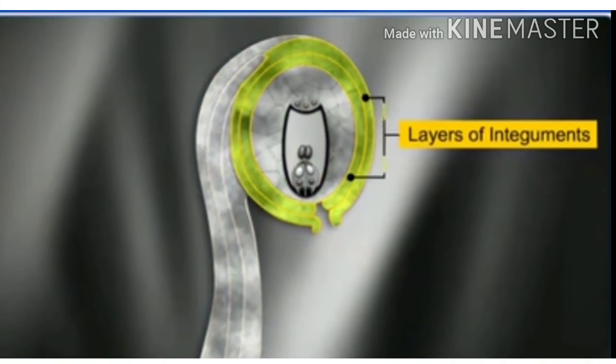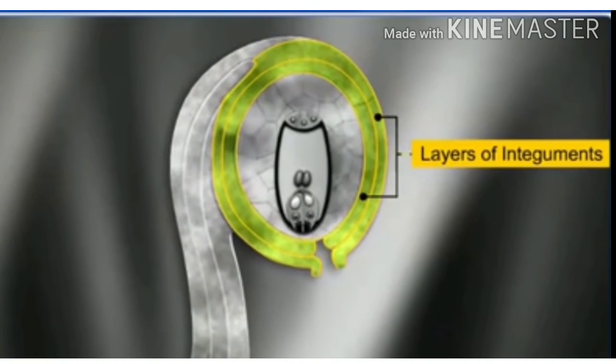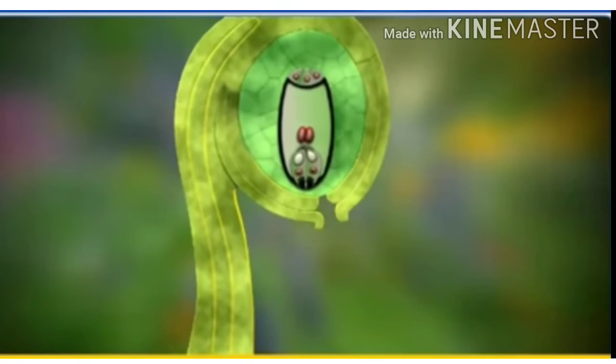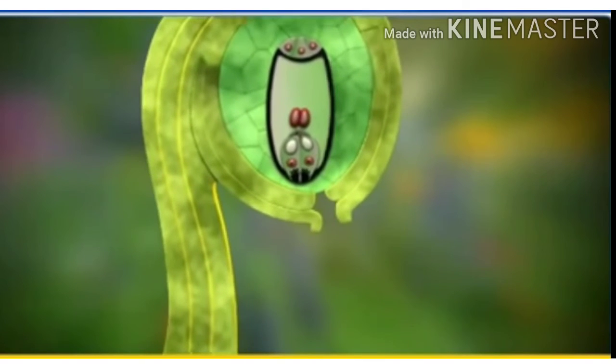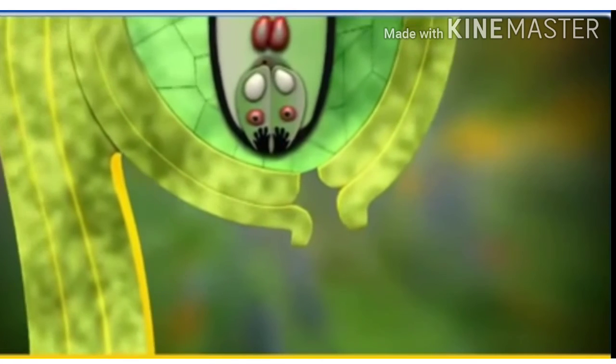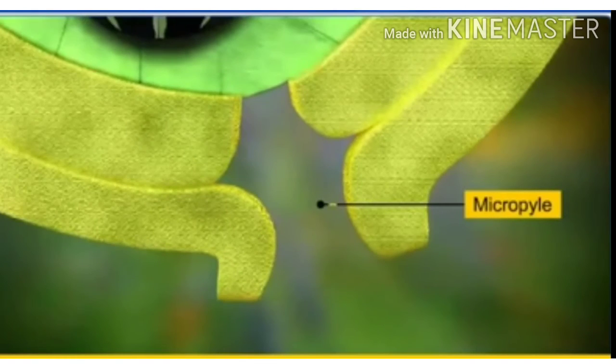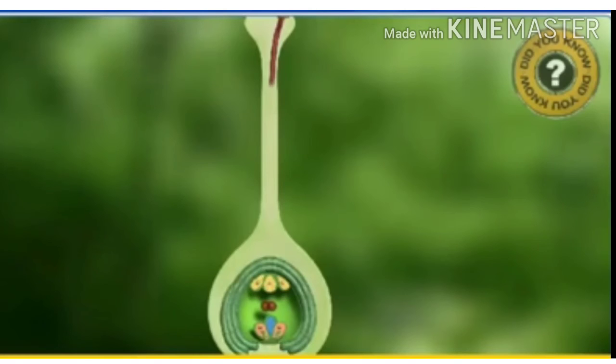The protective envelope of the ovule is called the integument. This integument covers the entire ovule except at the tip, where a small opening called the micropyle is present. It is through this micropyle that the pollen tube, which is formed from the pollen grain, enters.